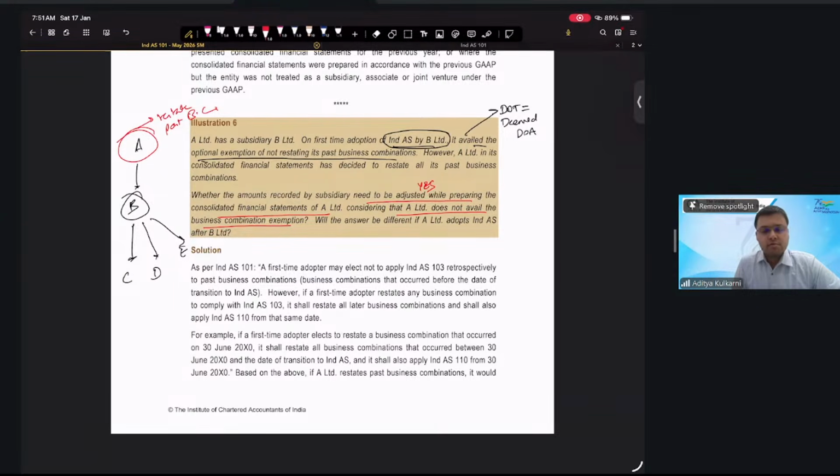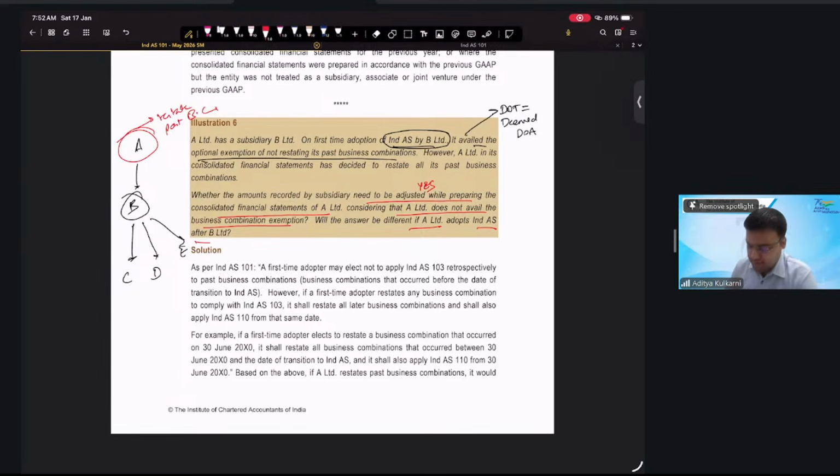Yes or no? Yes. Obviously, it will. If Ind AS applies to one of the group companies, then Ind AS will become applicable to all the companies forming part of that group. So, the moment B has Ind AS, it means A also will be having Ind AS. Yes or no? Yes.